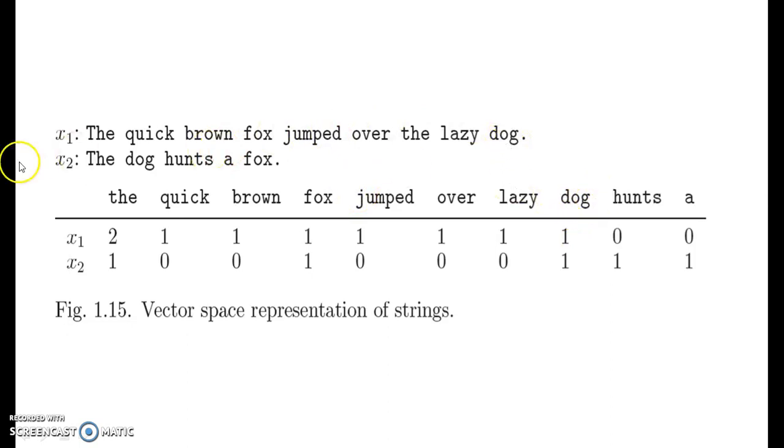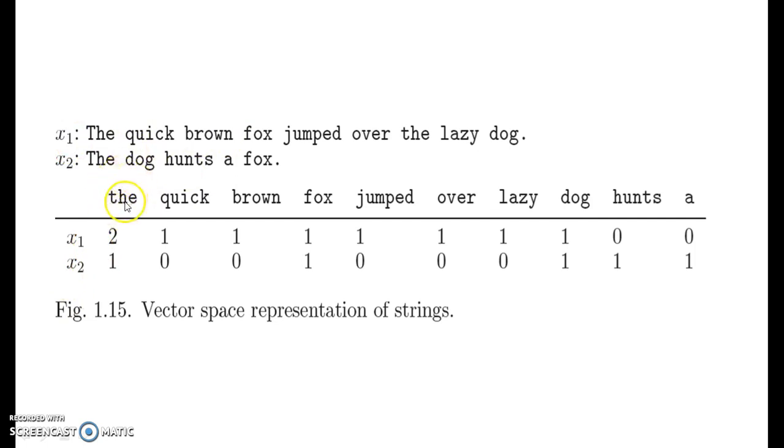And after that, in x2, the is already there, dog is already there, but hunts is not there in any of the words mentioned in the first sentence. So we'll write down hunts, and there is a. The a is something which is not in the first sentence, and we are going to write it here. Now here, x1 represents the first sentence and x2 represents the second sentence.